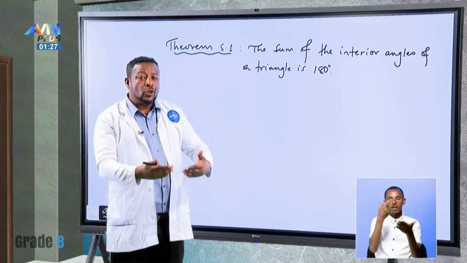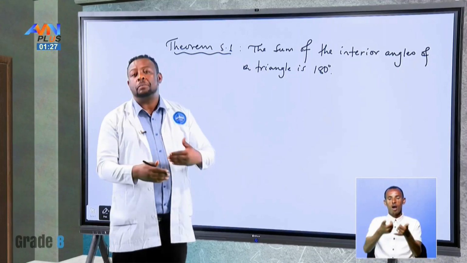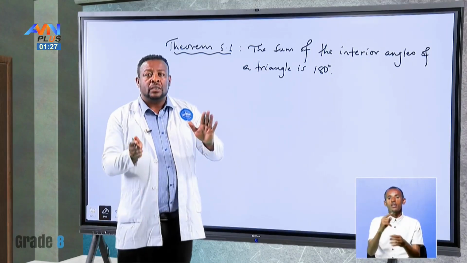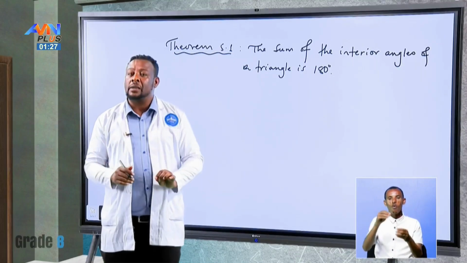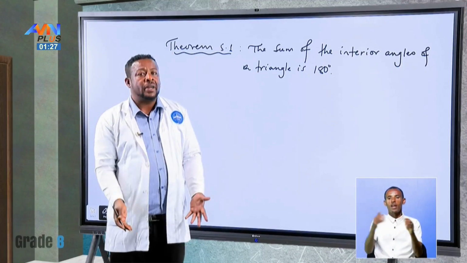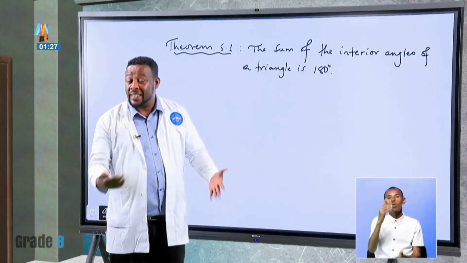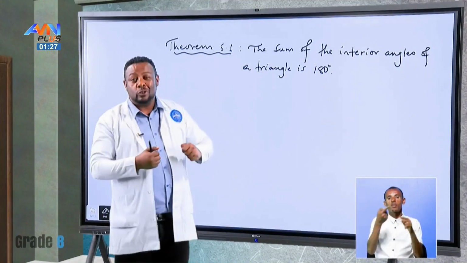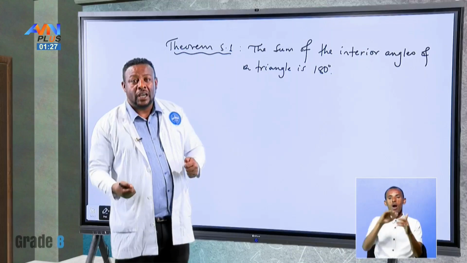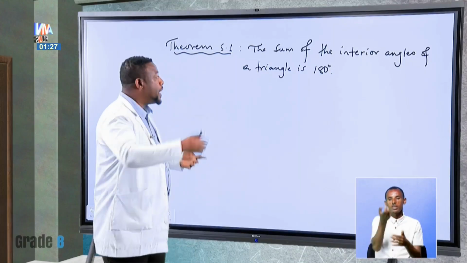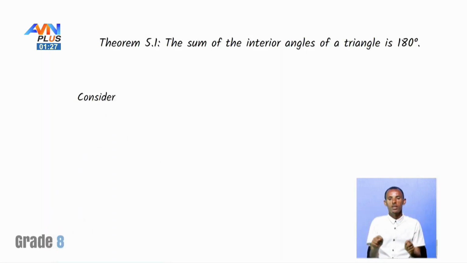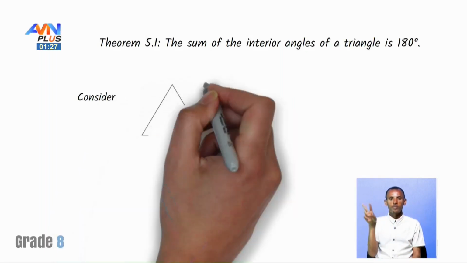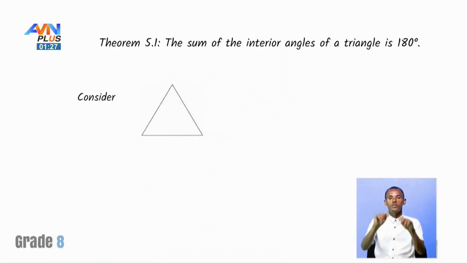Here, I will show you how this fact can be derived, right? For any triangle, the sum of all the interior angles must give us 180 degrees. You may know this, but here I will show you how we can derive the result, okay? So consider triangle ABC.